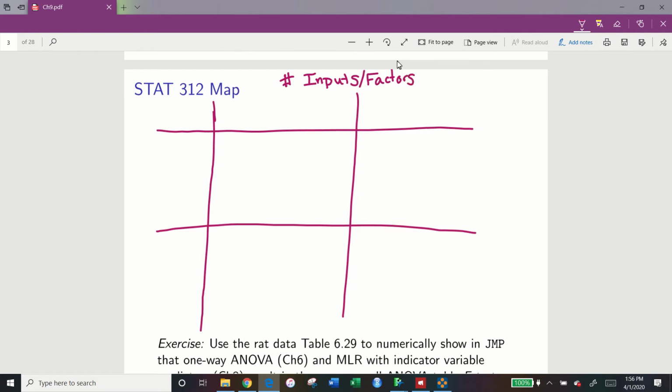And on our y-axis, we are going to have input type. To further label our number of inputs and factors, we focused on having one input or 2 or more inputs. As far as our input type, we dealt with qualitative and quantitative data.